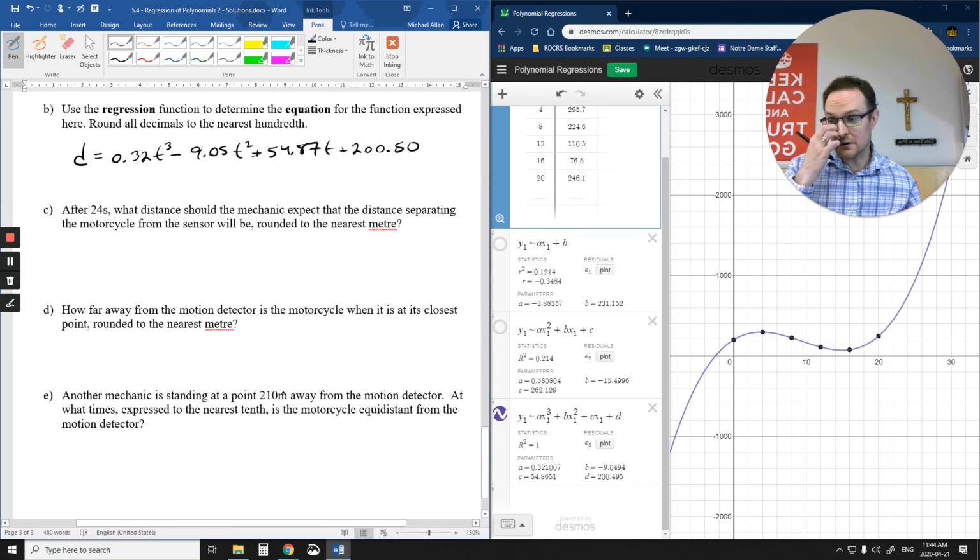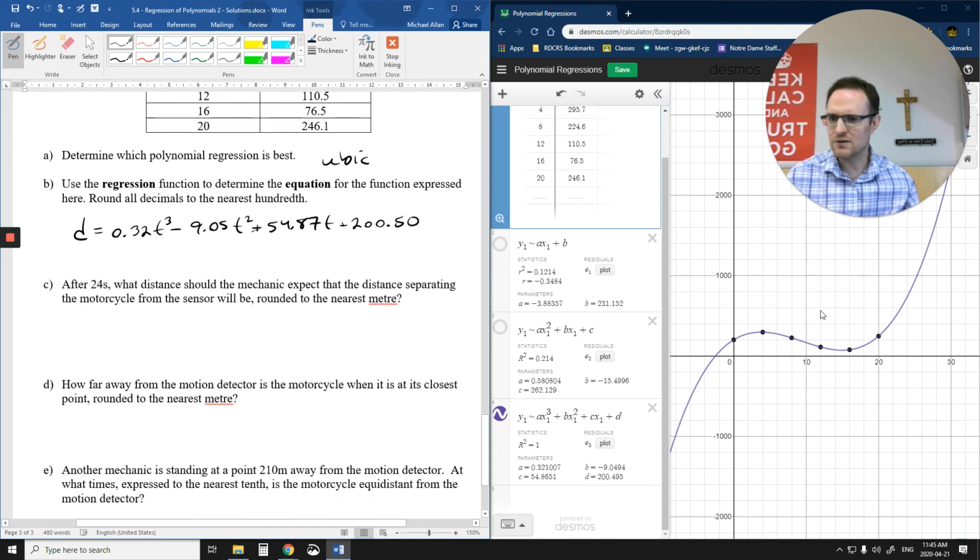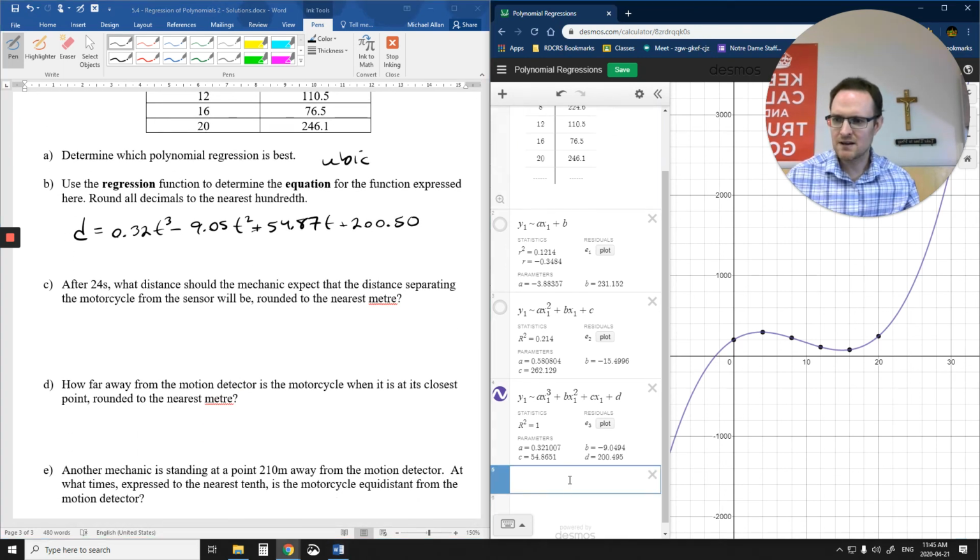Okay, so using the regression now, after 24 seconds, what distance would the mechanic expect the distance separating the motorcycle from the sensor to be? Okay, so at 24 seconds, let's find 24 seconds. Now, if I wanted to create a vertical line, I can just drag this along until I find 24 seconds. There's 24 right there.